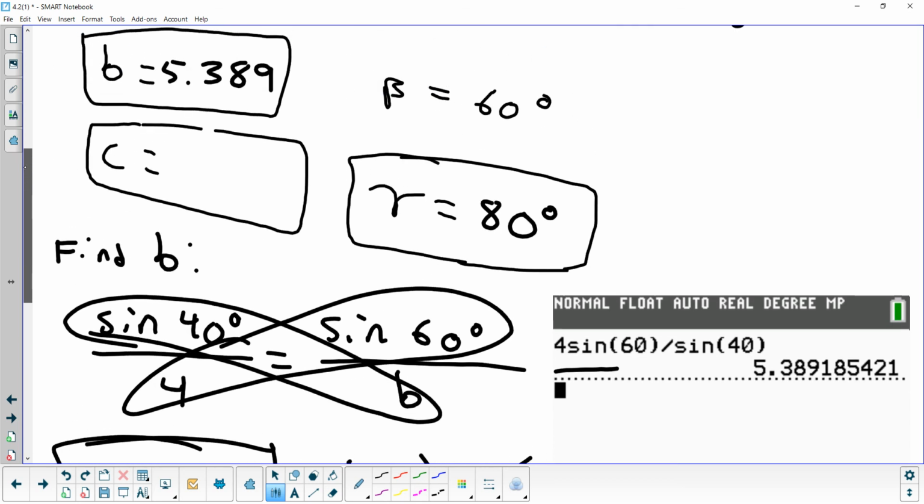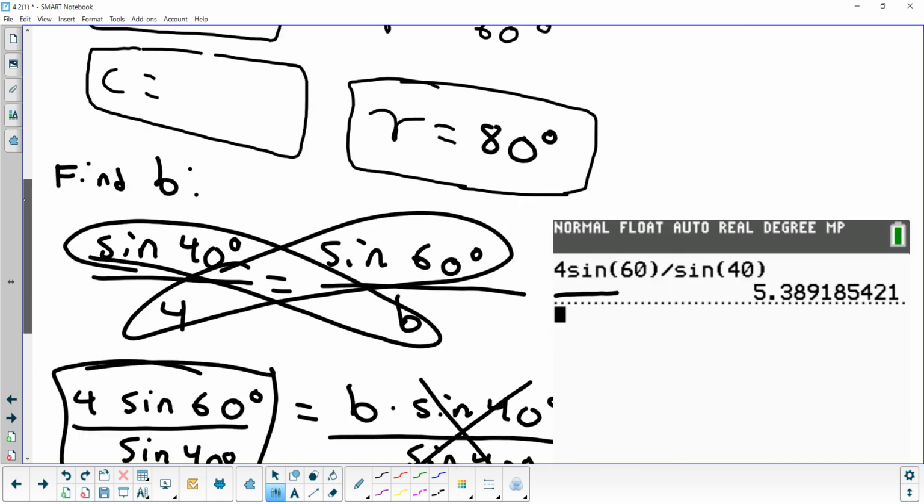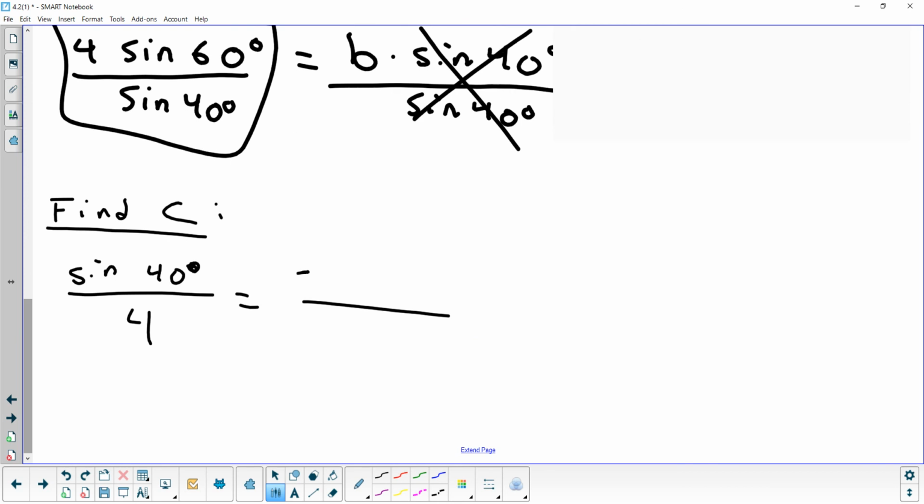And what's going to go on the other side of that proportion to find C? Pete? Sine 80 over C. Yes, sine 80 over C. So I told you the steps were going to be pretty similar, and they pretty much are. We're going to cross multiply.